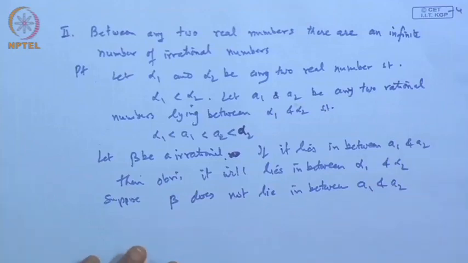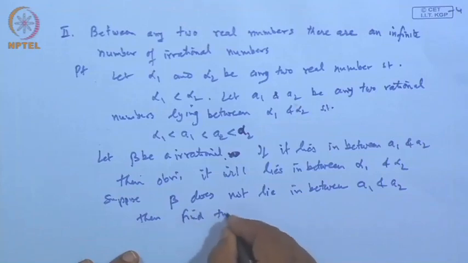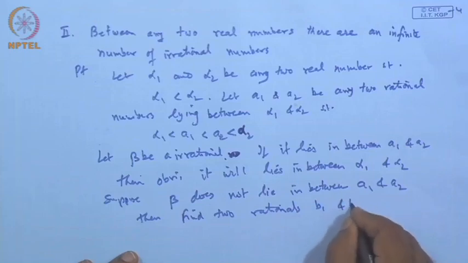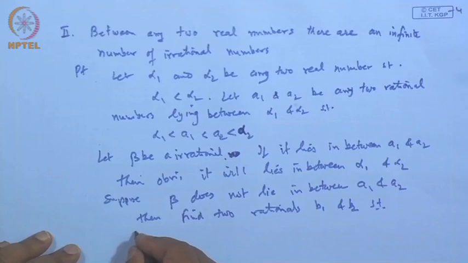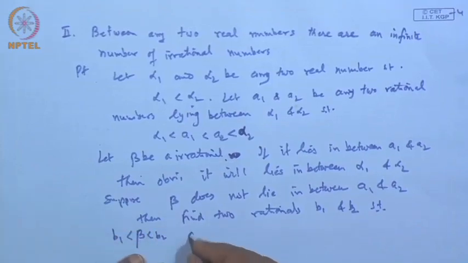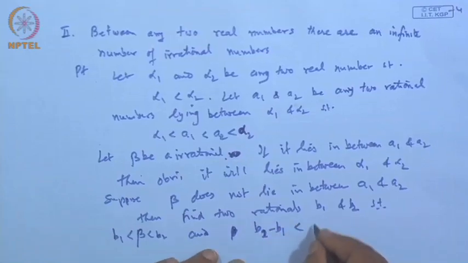Then we can find two rational numbers b 1 and b 2 such that beta lies between b 1 and b 2, and b 2 minus b 1 is less than a 2 minus a 1.